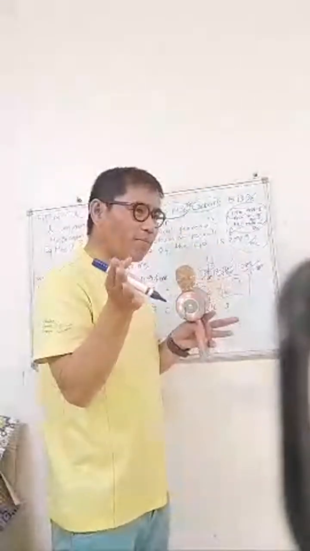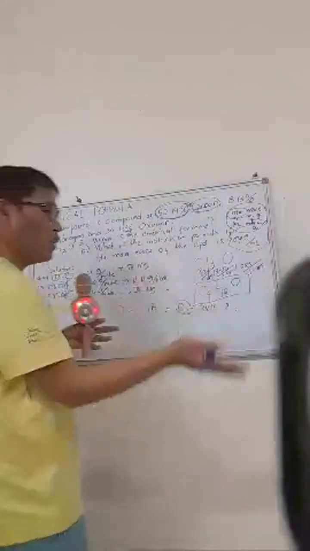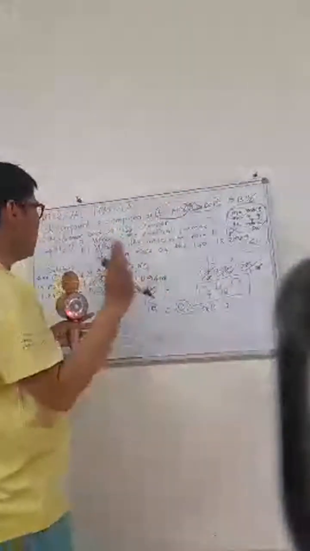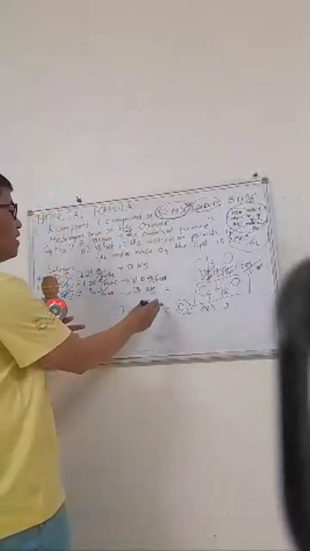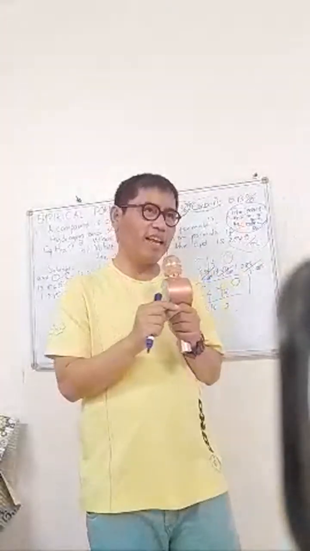Don't carry the subscript. The same also with empirical formula, because others, like me, will be tempted to divide 34.73 by 32. No, it's not. 34.73 divided by 16, the atomic mass of monoatomic oxygen.